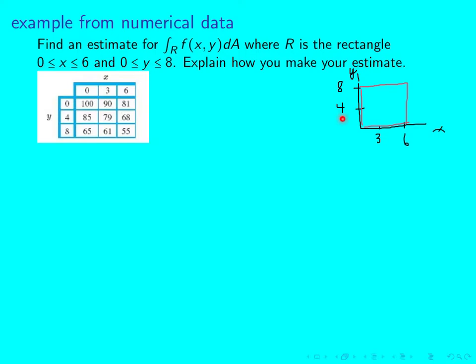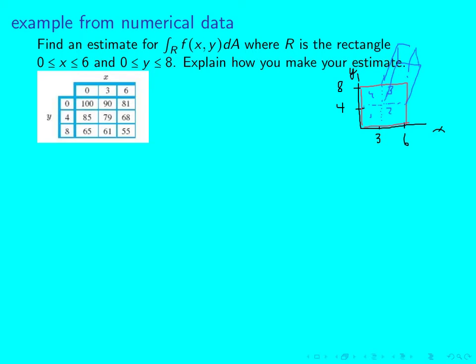Here's my strategy. I'm going to break up the overall region R into 4 subregions. So region 1, region 2, region 3, region 4. And above each of these will be a rectangular bar. My picture is going to get too messy if I draw too many of those.